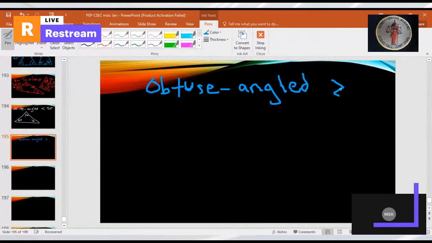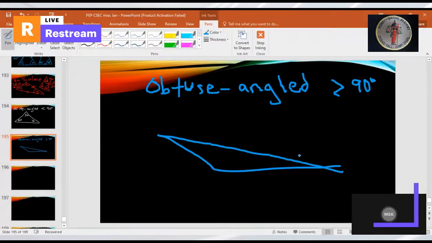An obtuse angle triangle has an angle that is greater than 90 degrees. So it's a wide angle. You cannot have more than one, because that would make it no longer a triangle, because remember the angles in a triangle must add up to 180, right?